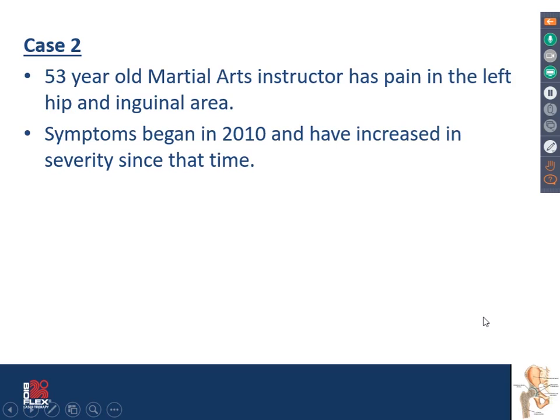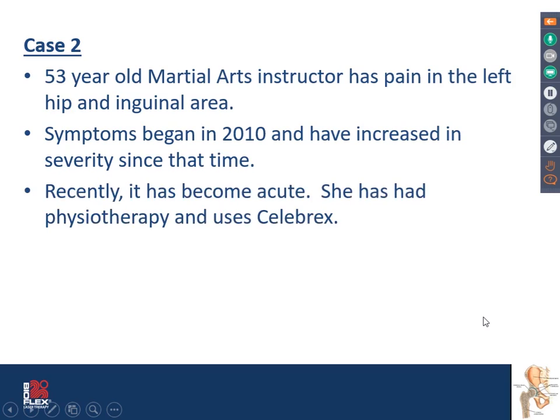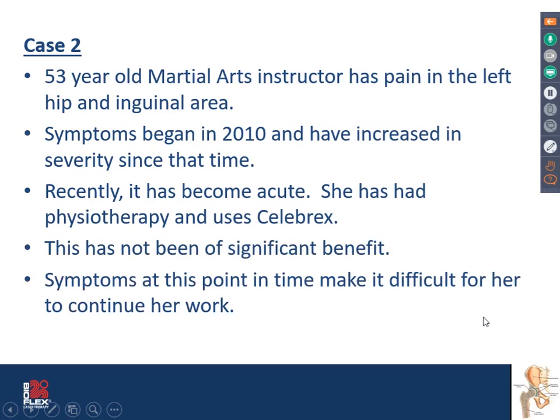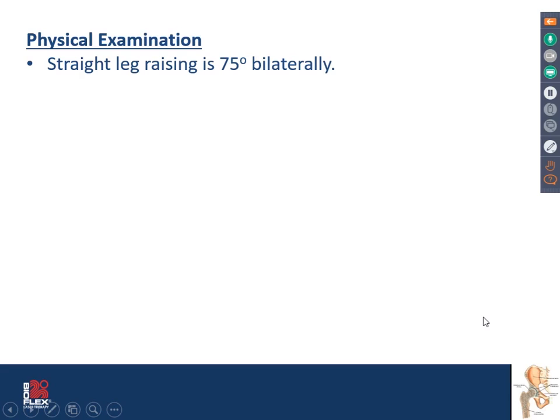So more than likely it was something that happened when she was instructing or even competing. Recently, she had become more acute in pain and was doing some physio and was taking Celebrex. Unfortunately, it wasn't helping her when she came to see us. And at this point, she was having a real struggle with maintaining her ability to instruct in martial arts.